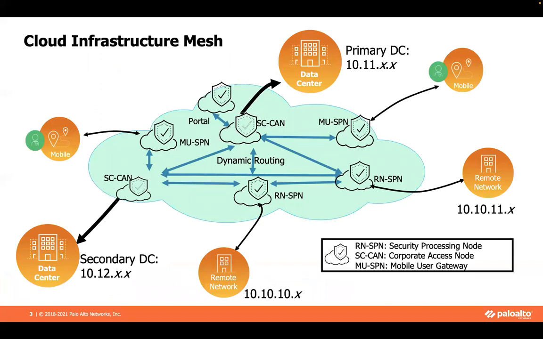One thing to understand is that between all of the different nodes, all of the mobile user SPNs, between the corporate access nodes, the service connections, between the remote network SPNs, we run our own BGP, eBGP infrastructure to get you between the different nodes as quickly as possible, provide fault tolerant routing, give you the ability to reach all of the different nodes which are deployed in high availability without any sort of configuration involved on your part or your customer's part.